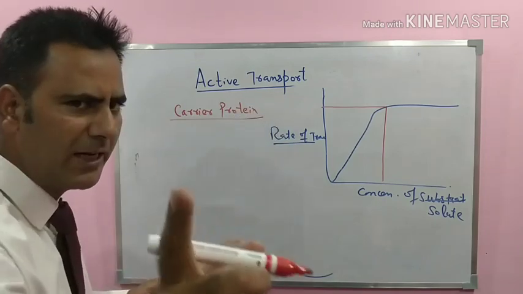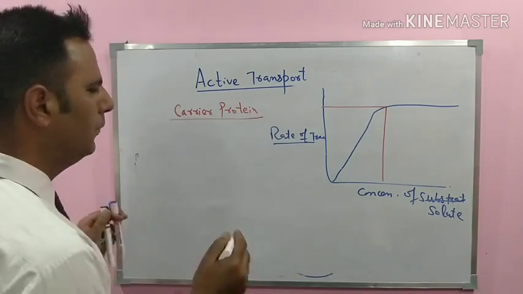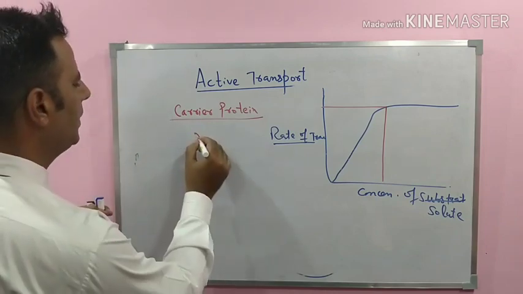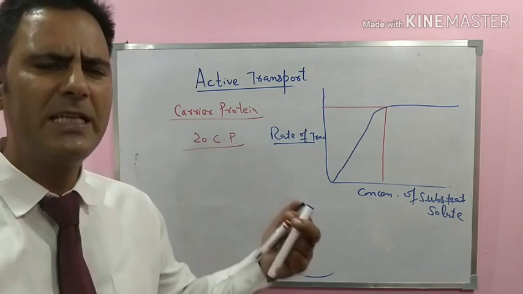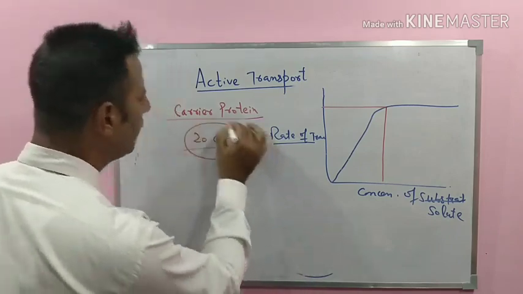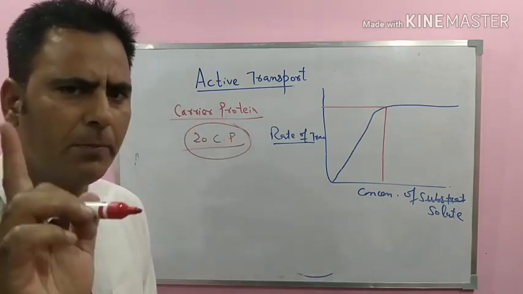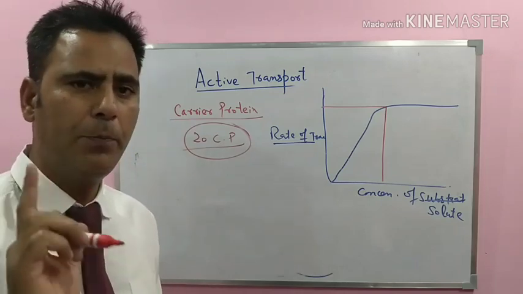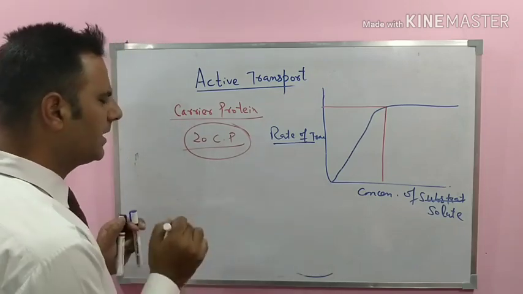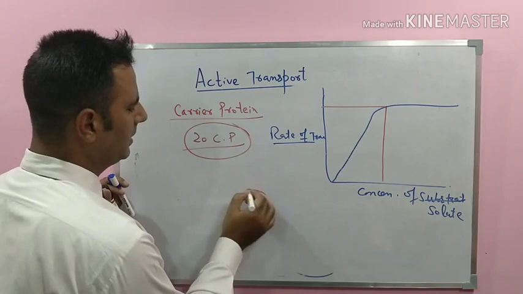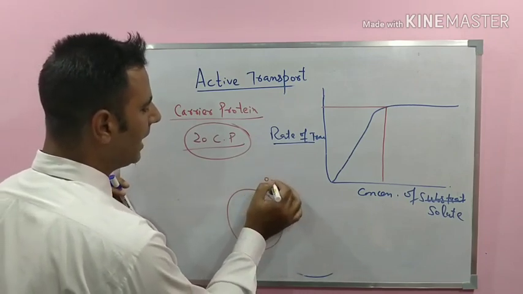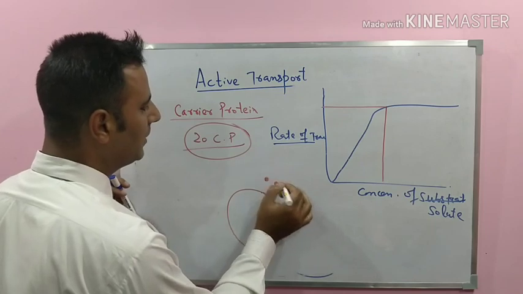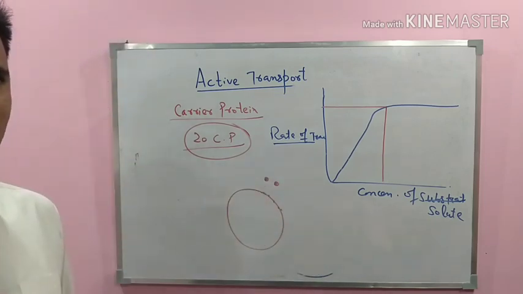For example, if we have 20 carrier proteins, this is for instance, we are just making an example. If we have 20 carrier proteins present on the membrane for a particular substrate, suppose this is the cell, and I take two substrate molecules or two solute molecules.